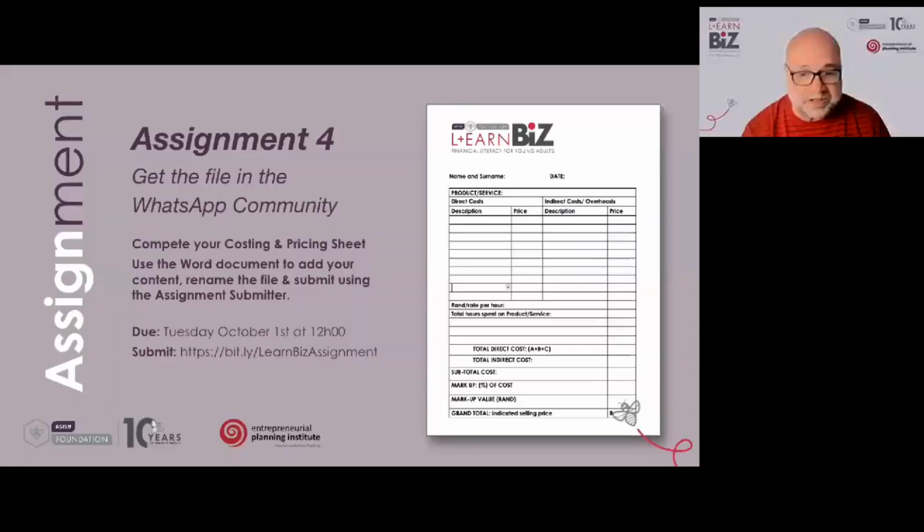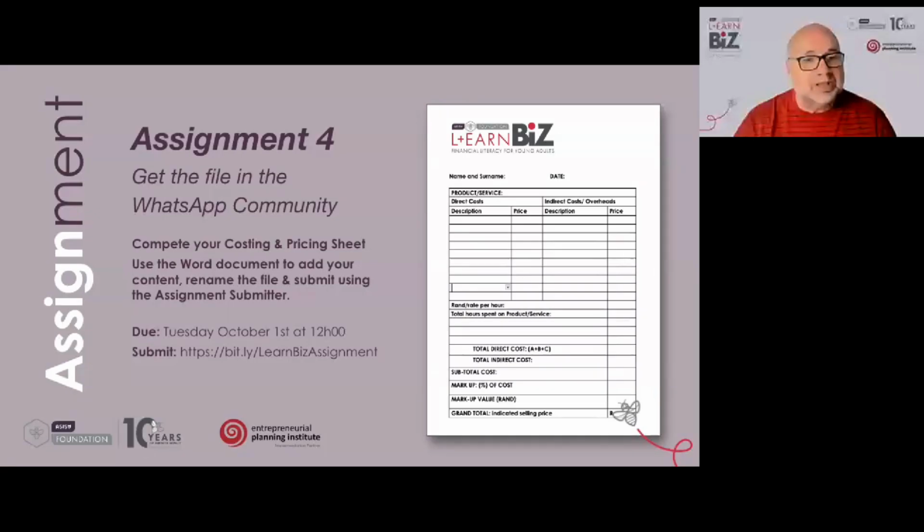There is an assignment coming too. Maybe we can just share that before we go to Liabona as our guest. The assignment is that you must complete your costing and pricing sheet, which we will share in the WhatsApp group.